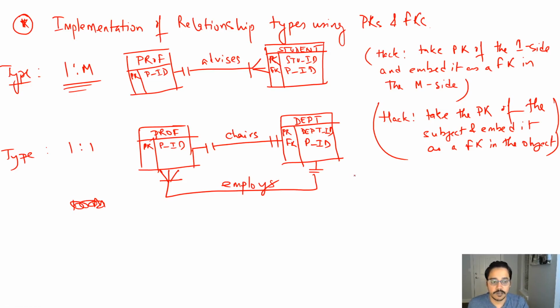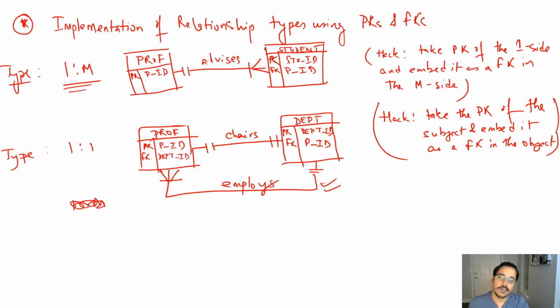Now, in this particular relationship, the driver is the department. And now, as a result of that, the professor becomes the object of the relationship, right? And the department becomes the subject. So, as a result of that, in that particular situation, you will take the primary key of the subject, which is department ID for this relationship, and you will place it in the object.